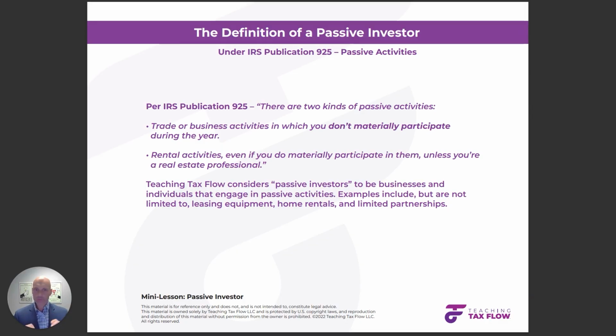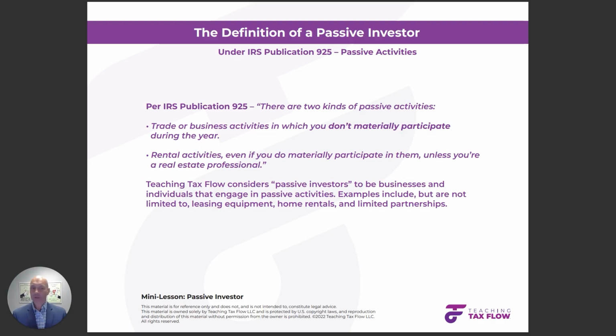So there are two types of passive investors, okay? There are two types of passive activities, just like the slide says. Trade or business activities in which you do not materially participate. We have another mini lesson on material participation, but in general, if you're in a business, even if it's in a Schedule C business, and you are not materially participating, by default, you are passive in that activity.